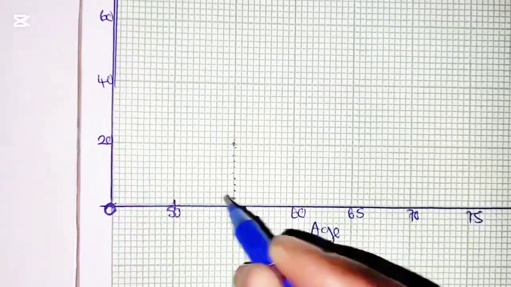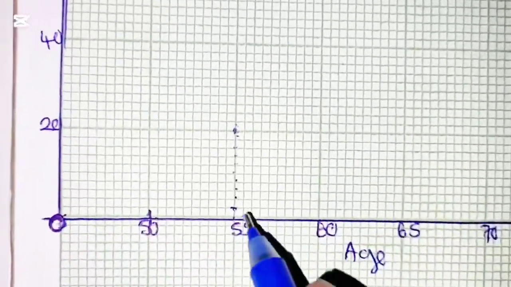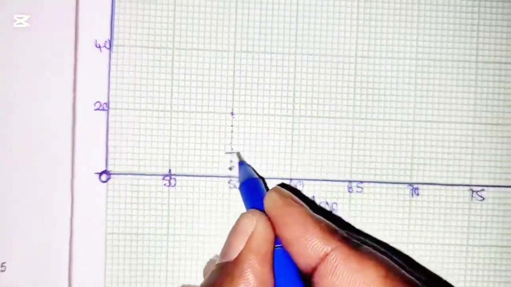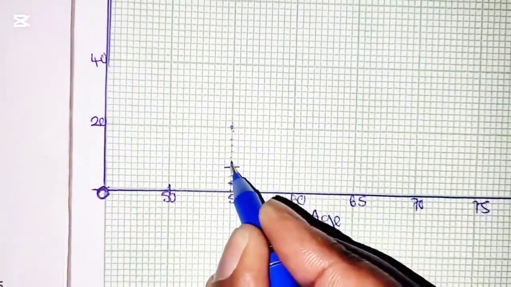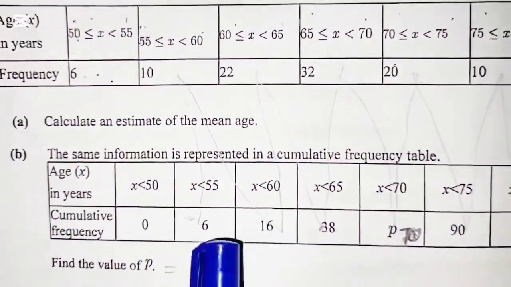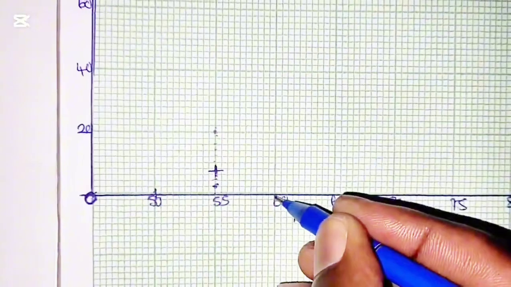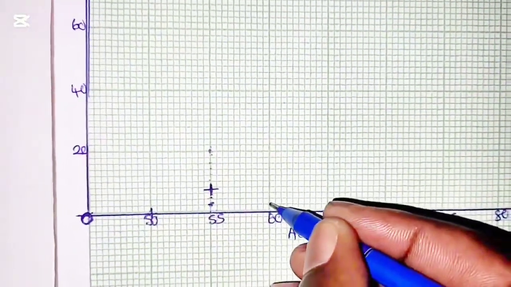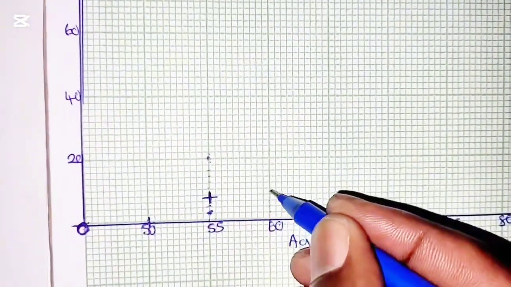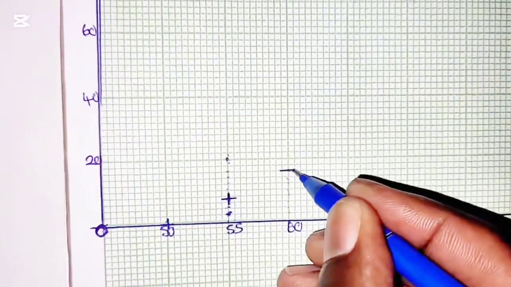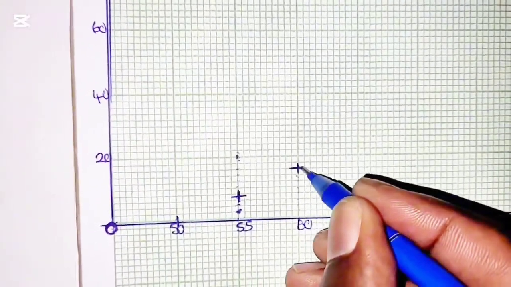So 6 is right here. Then it's now 60 and 16. So 2, 4, 6, 8, 10, 12, 14, 16. 16 right here. I'm going to plot it right here.